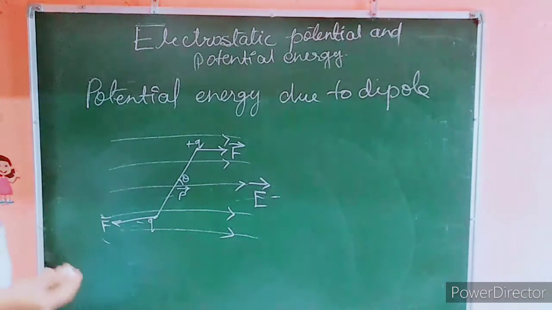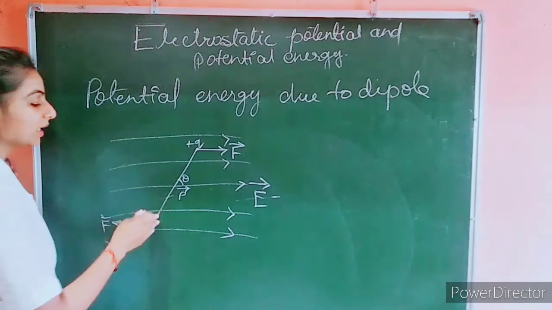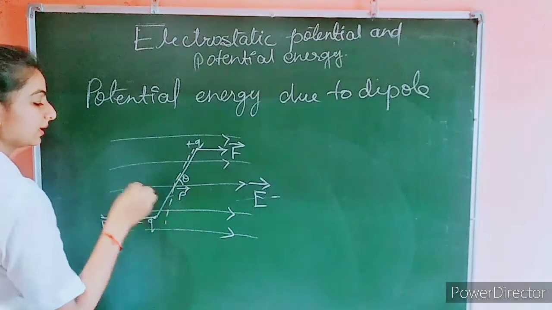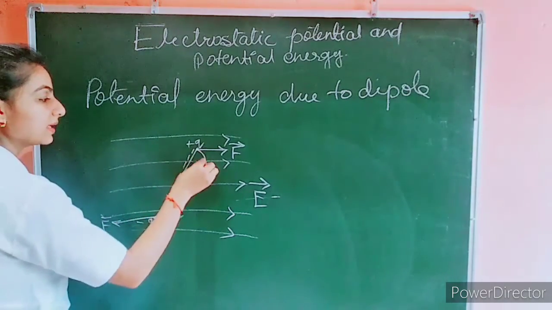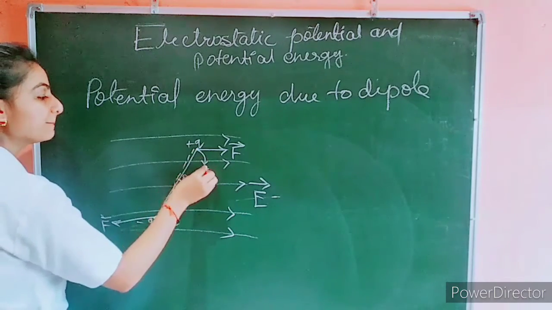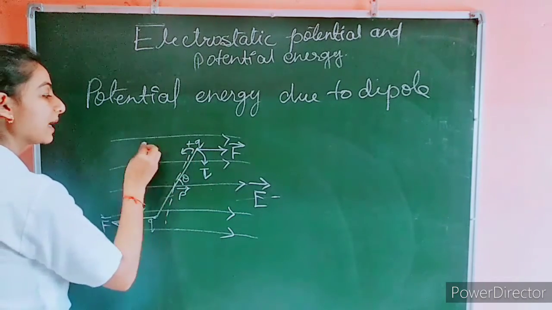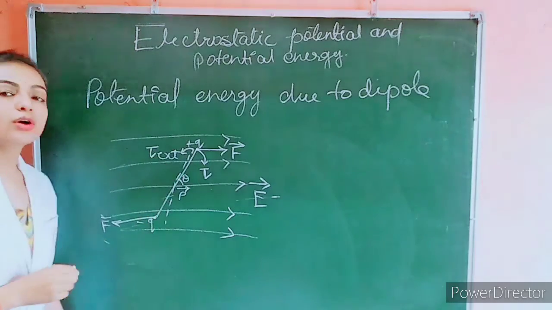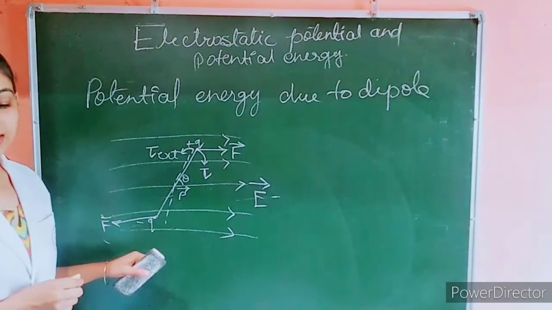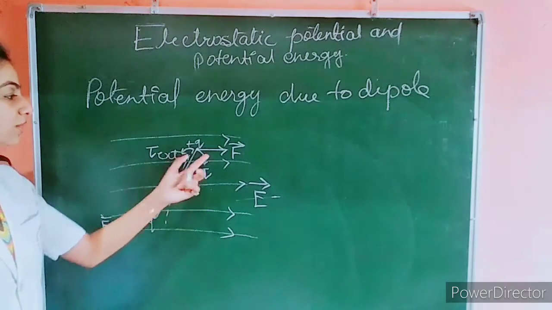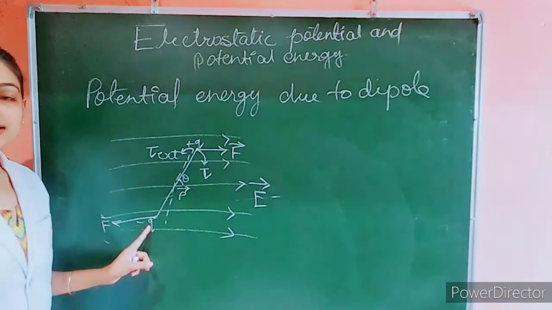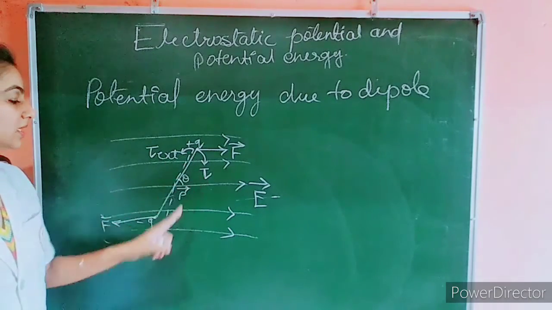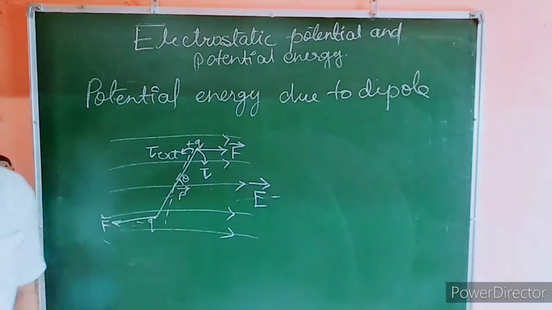Now the torque acts on this in moving a charge. If this is a torque, then some external force will apply. So this will be an external torque, because there will be no translatory motion. Because of the opposite charges there will be no translatory motion, so torque will act and this will generate.